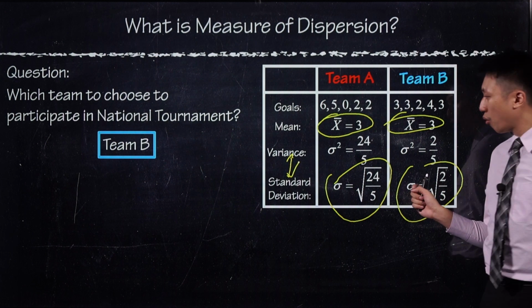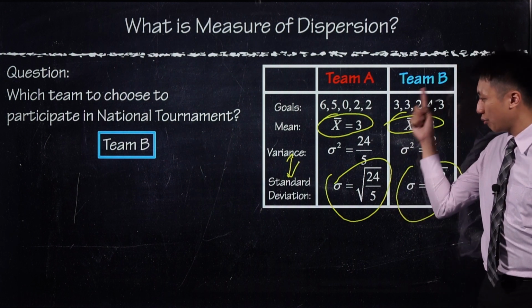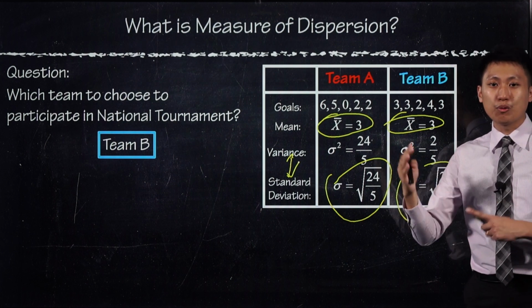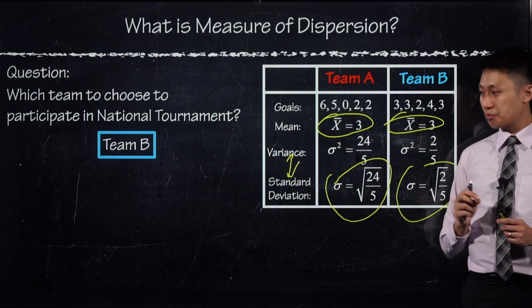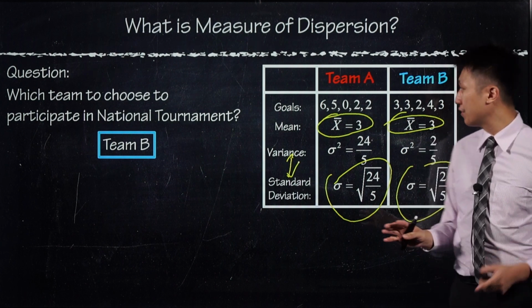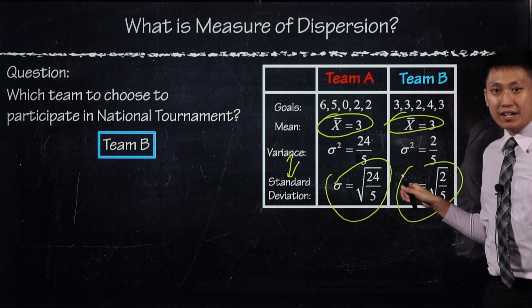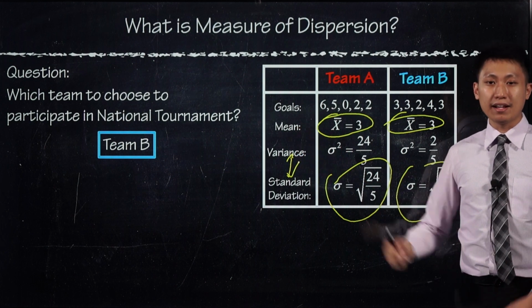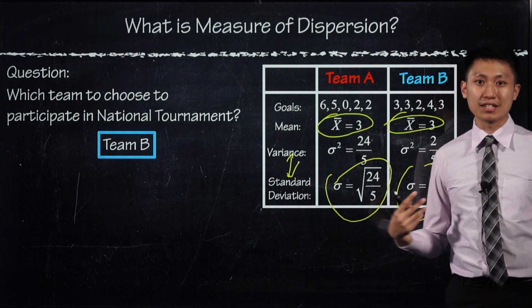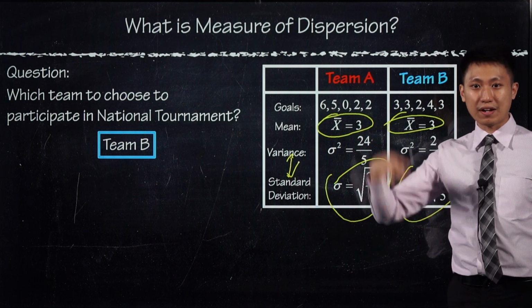So why do you want to choose something with a lower standard deviation? Because it fluctuates less away from the mean. Just like a stock price, if the standard deviation is big, it means that today is like $1, tomorrow is like $10, then the day after tomorrow is like $3 and so on. So it fluctuates a lot.